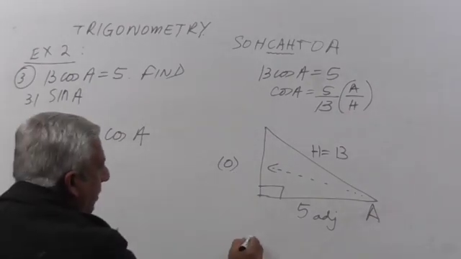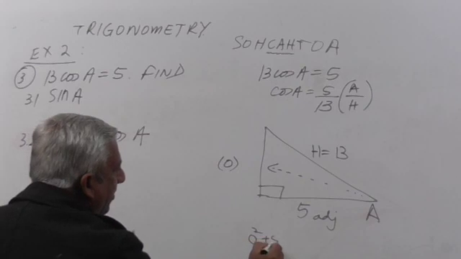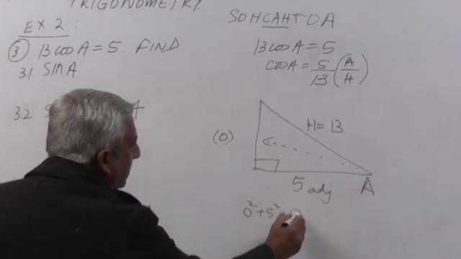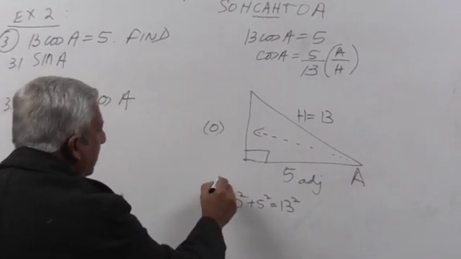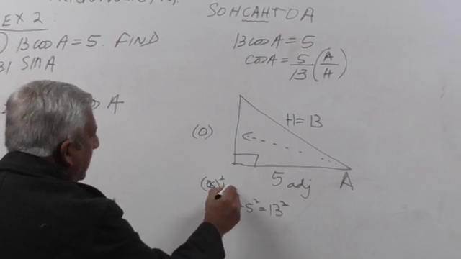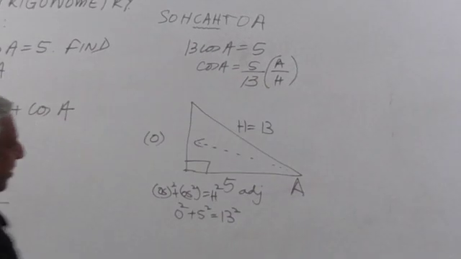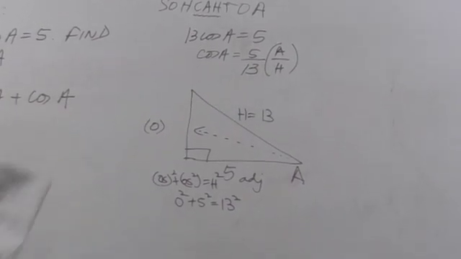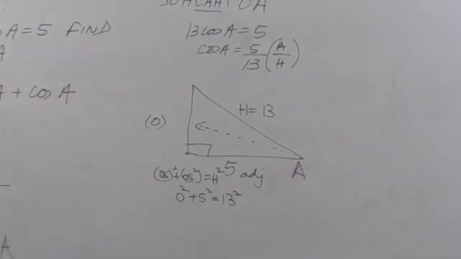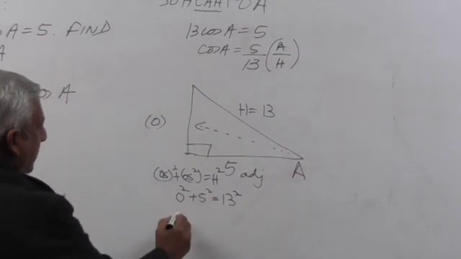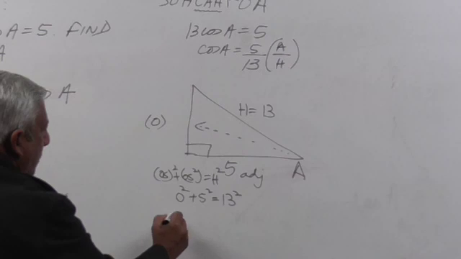So you're going to say O squared plus 5 squared is equal to 13 squared. Sorry, we should have written other side squared plus other side squared is equal to hypotenuse squared. Now this is not 0, it is O squared, right?